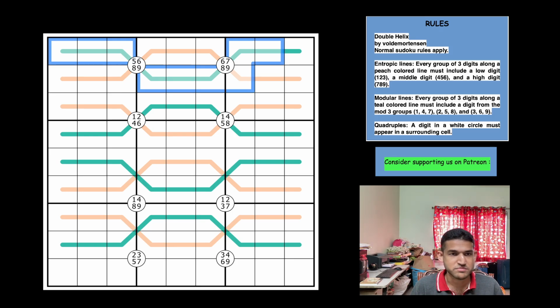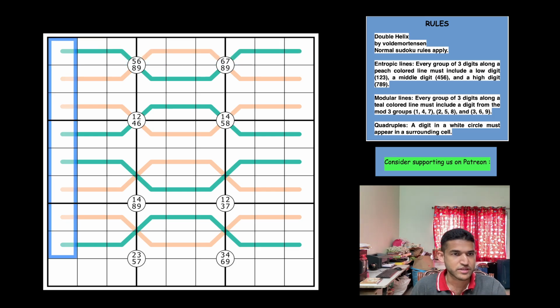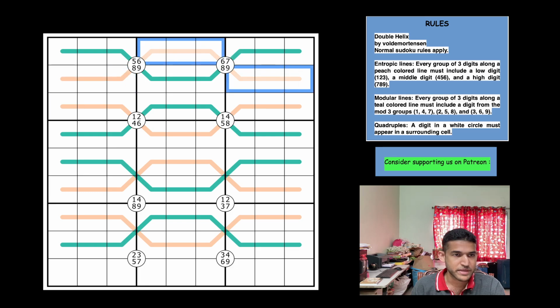Classic rules apply, which means each row, each column and 3x3 box in the grid has digits 1 to 9, no repetitions. Then entropic lines, every group of 3 digits along a peach colored line. So this is a peach color. Every group of 3 digits along a peach colored line will include a low digit 1, 2 and 3, a middle digit 4, 5 and 6 and a high digit 7, 8, 9.